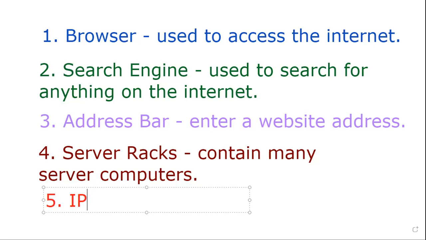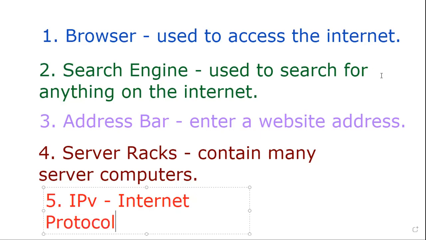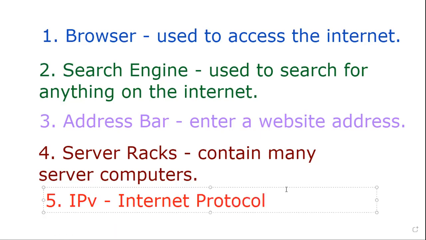IP, and the V stands for version. IP stands for Internet Protocol, and the V stands for version, and then you'll have a number.